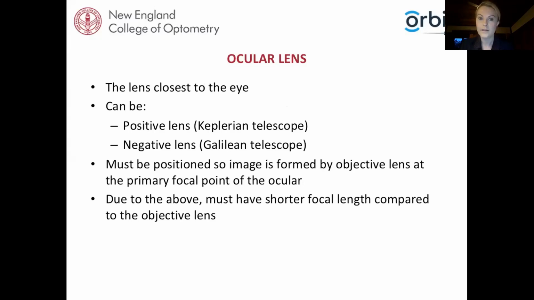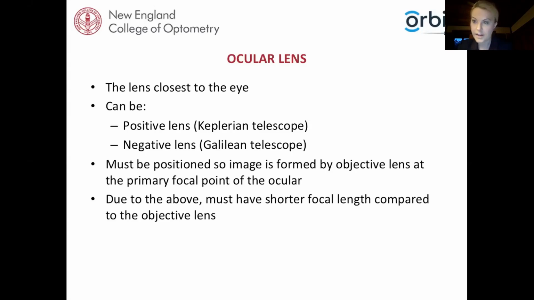The ocular lens is the one closest to the eye, and this can be positive, which is the case for a Keplerian telescope, or it can be a negative lens, which is the case for a Galilean telescope. The power of that lens must be positioned so the image formed by the objective lens is the primary focal point for our ocular lens.